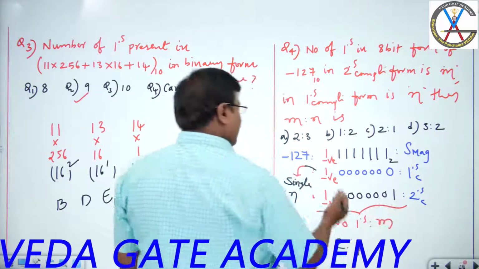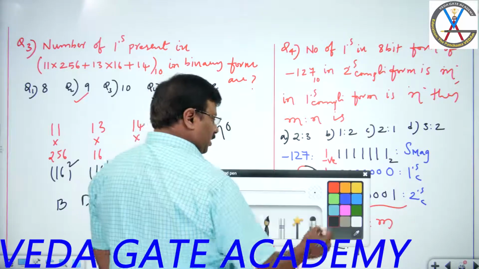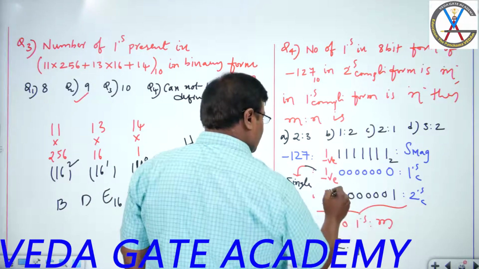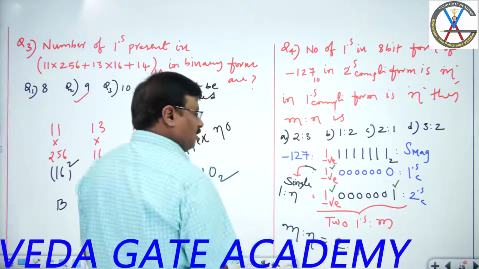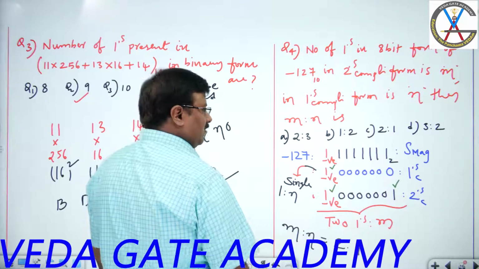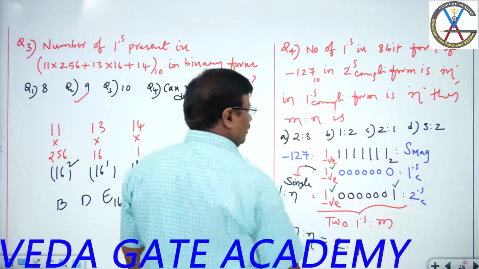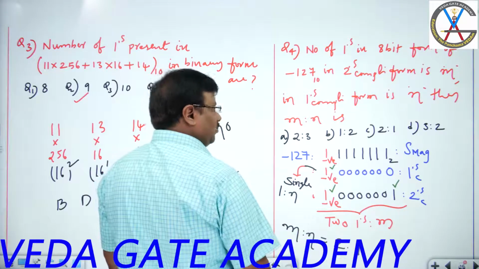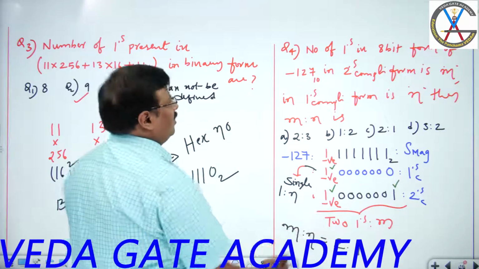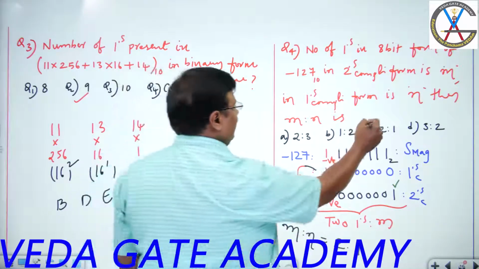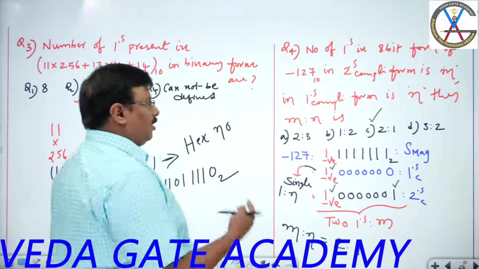Here 2 ones are there. Here a single one is there. That is how he wanted. So the number of ones in minus 127 in 2's complement form is 2. The number of ones in minus 127 in 1's complement form is 1. So 2 is to 1. The right answer, where is that? C. Yeah. Hope you're clear.